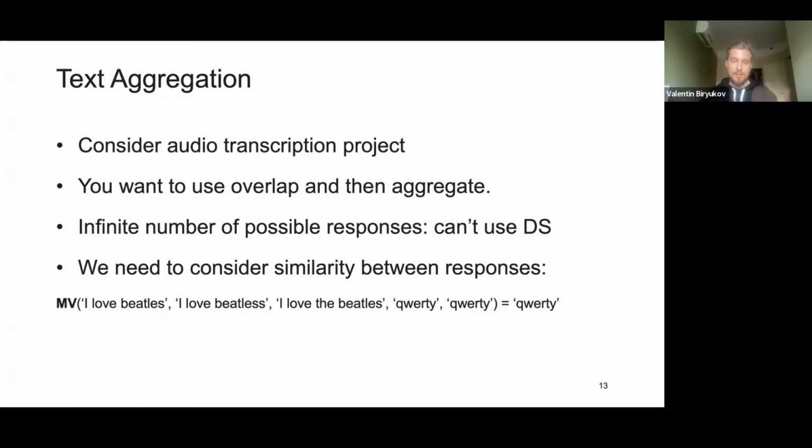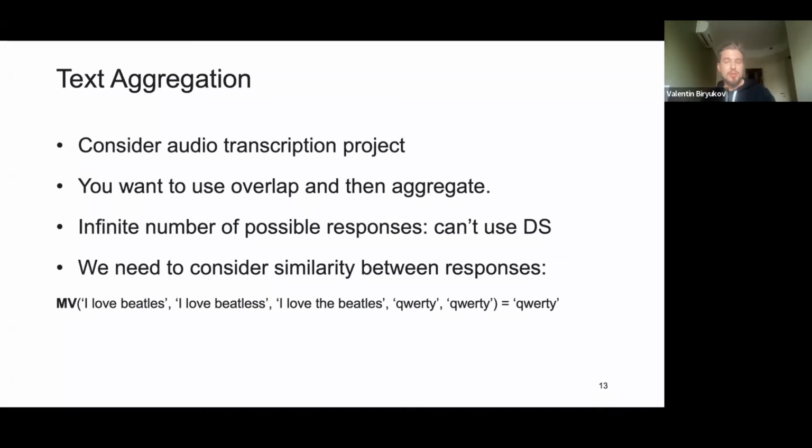For example, if they have several answers for a transcription task, something like I love Beatles, I love Beatless, I love Beatless. It's difficult to pronounce these words with mistakes, but let's imagine. And several answers, for example fraud, are just QWERTY.